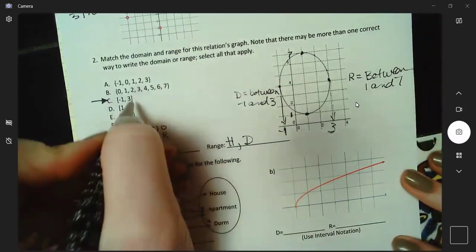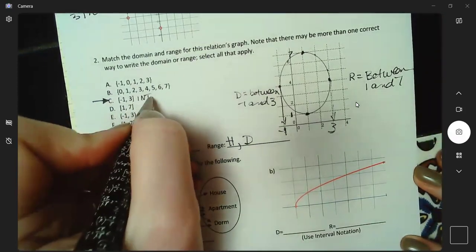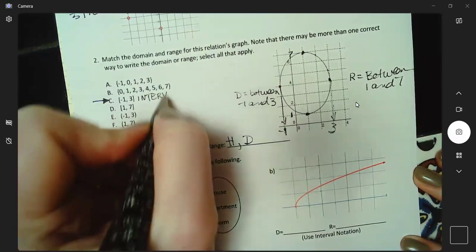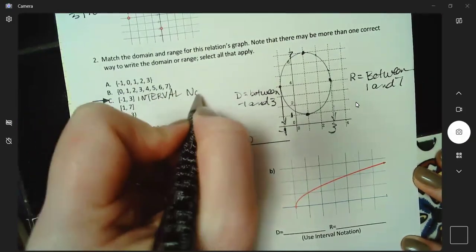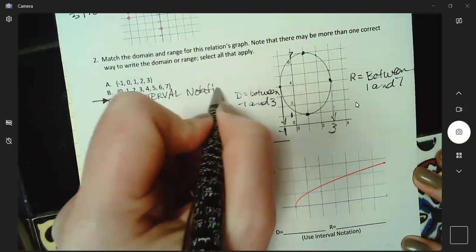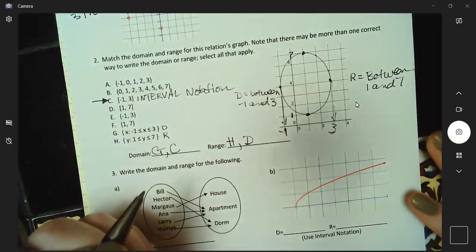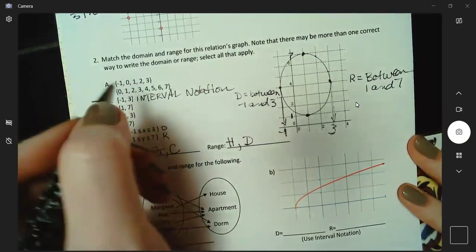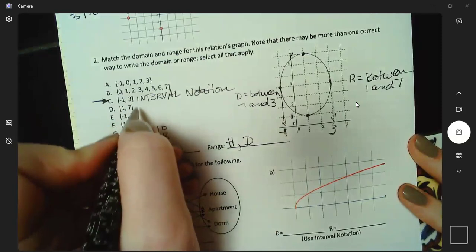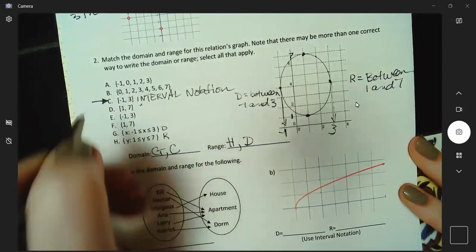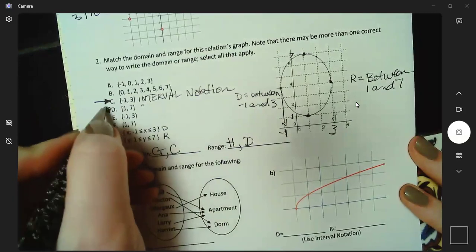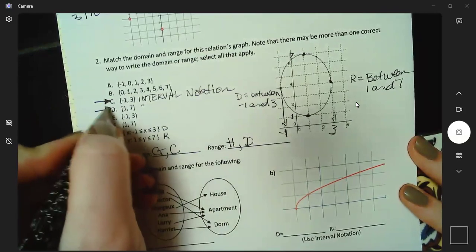This is called interval notation, and you will probably see this asked for in my math lab quite a bit, because it's the most efficient way. Math people want to come up with writing as little as possible. So these are all interval notations right here. These two are the domain and range if we think of it as intervals.